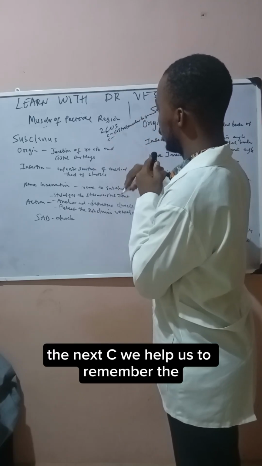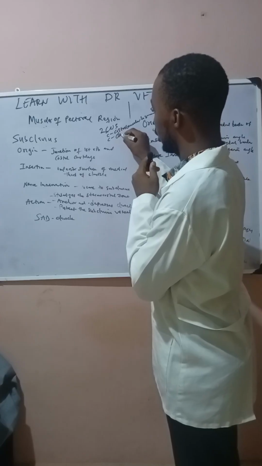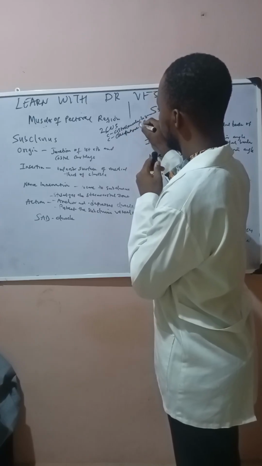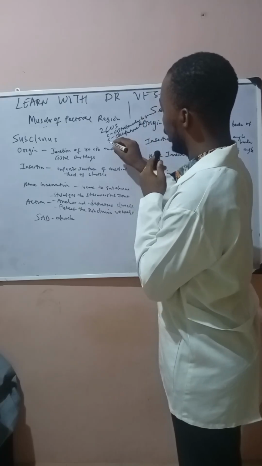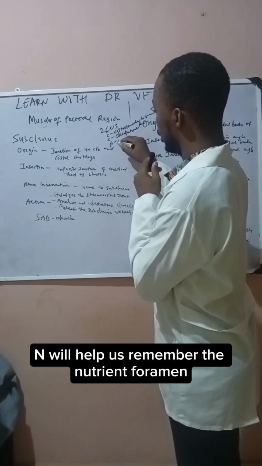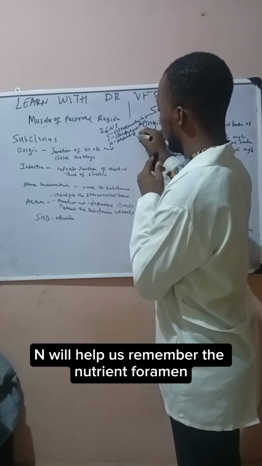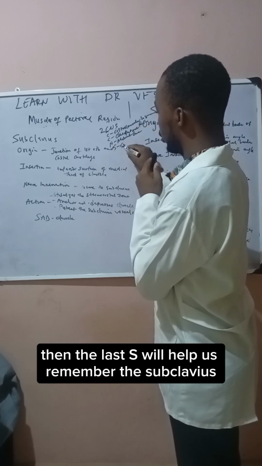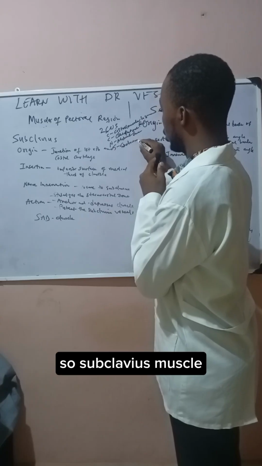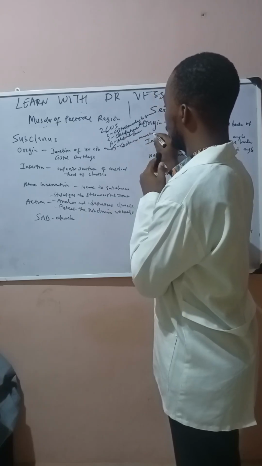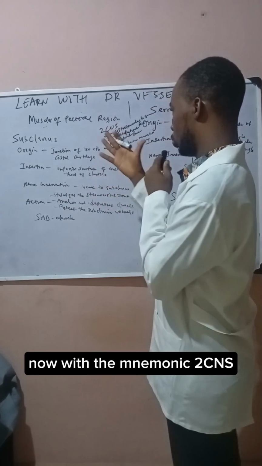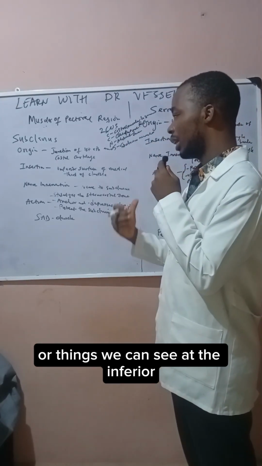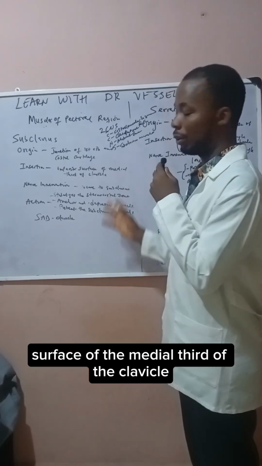The next C helps us remember the clavipectoral fascia. N helps us remember the nutrient foramen. Then the last S helps us remember the subclavius muscle. So with the mnemonic 2CNS, we can remember the things we can see at the inferior surface of the medial third of the clavicle.